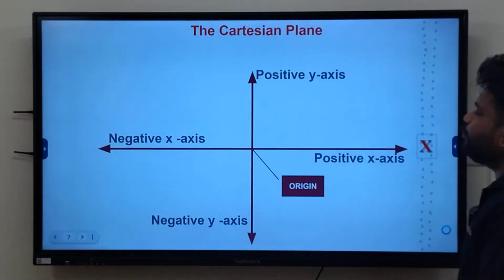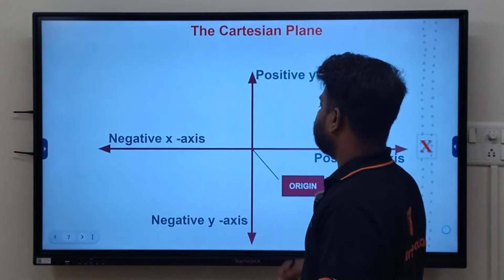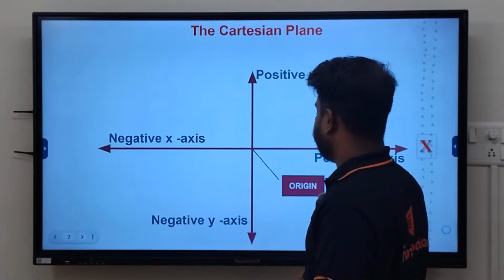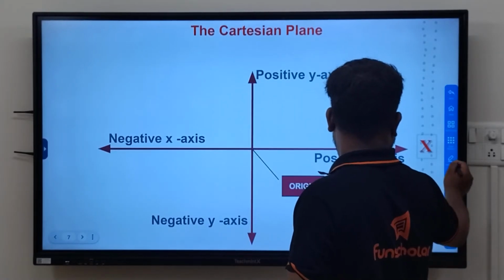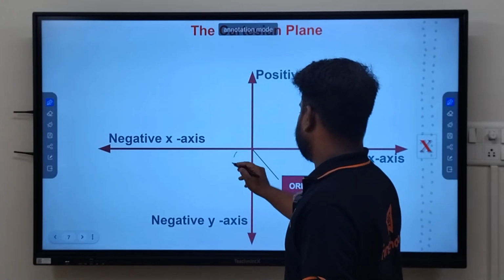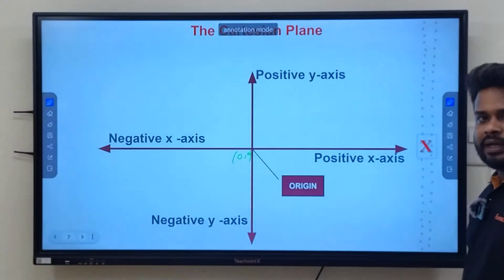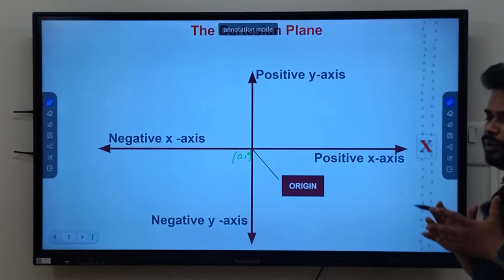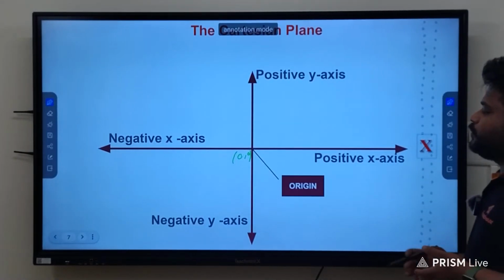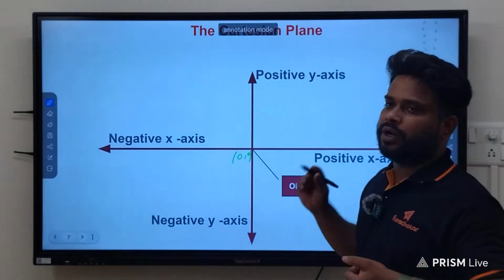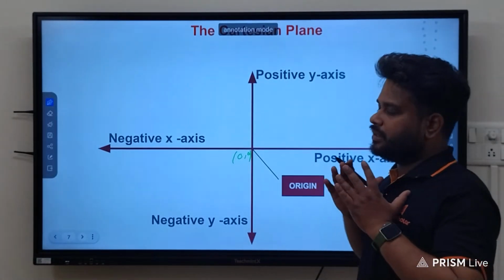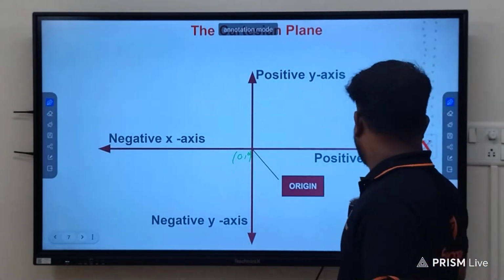Okay, and this point will be called the origin, whose coordinates will be 0, 0. Right, and maybe you already know about it a little bit. So the origin's coordinates are always 0, 0. Right.